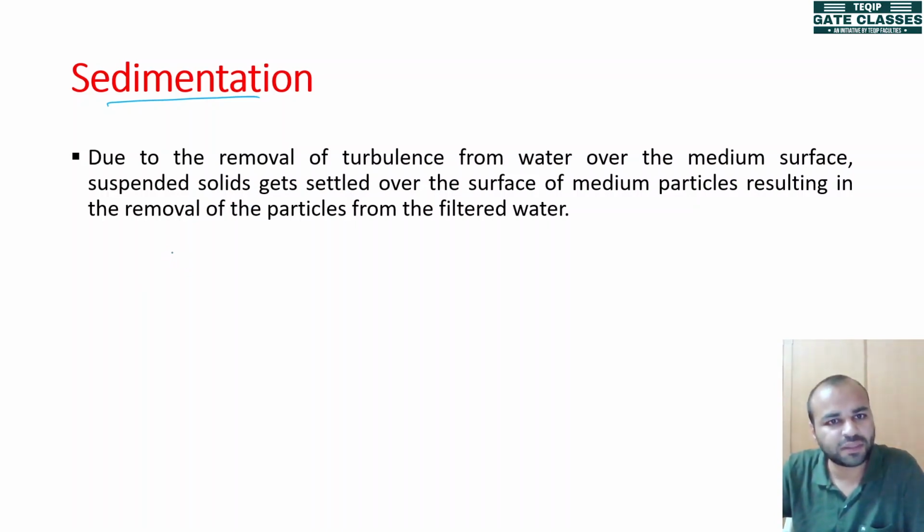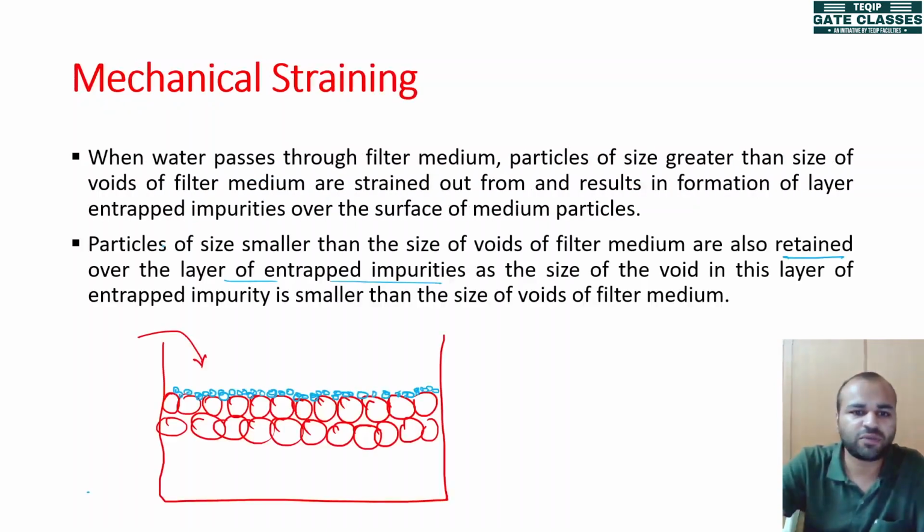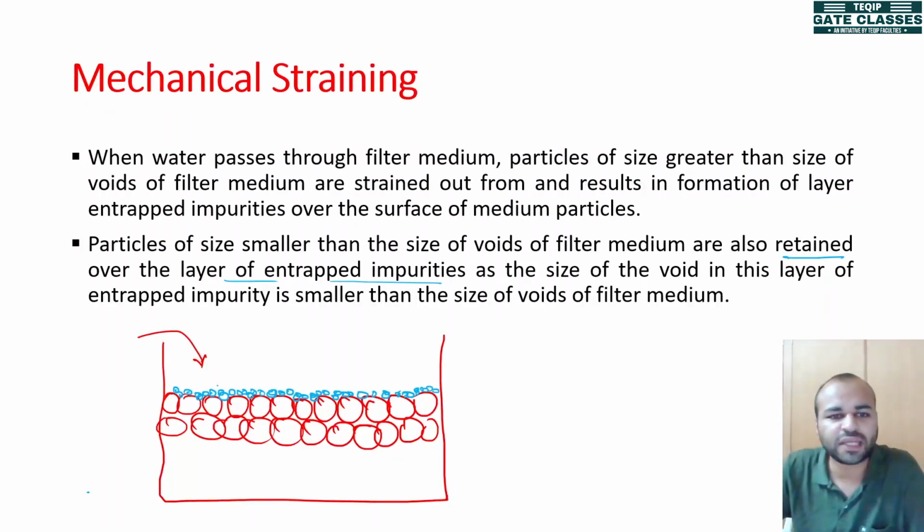It is quite simple. Let me go back. This is our filter medium. As the water is percolating or flowing through it, the water will lose its energy. As it is flowing through this tank, it will turn laminar, and once turbulence is gone, the particles will settle down as per the concepts that we have learned earlier.